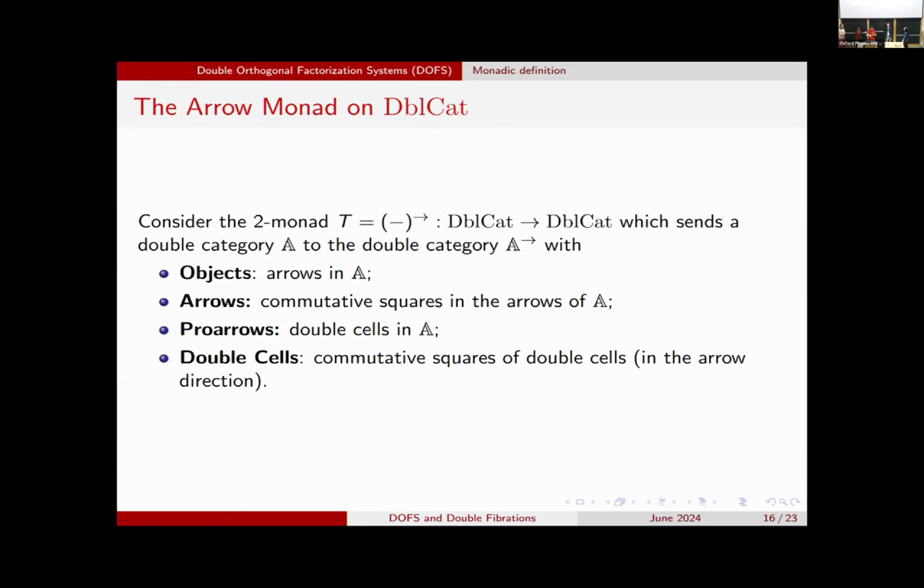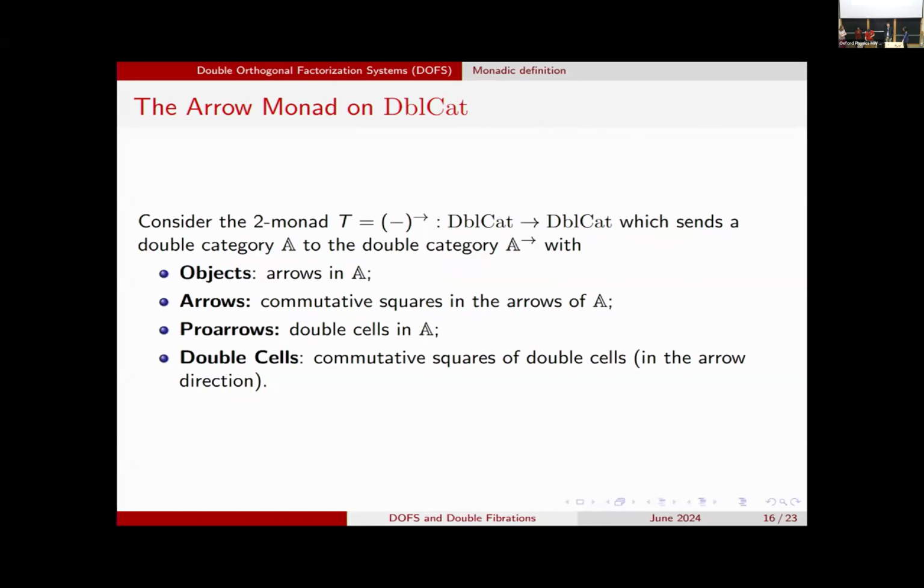In that sense, any double category A gives A to the arrow, which is a double category again, whose objects are arrows in A. The arrows are commutative squares in the arrows of A. Pro-arrows now are double cells, and double cells are nice cubes.